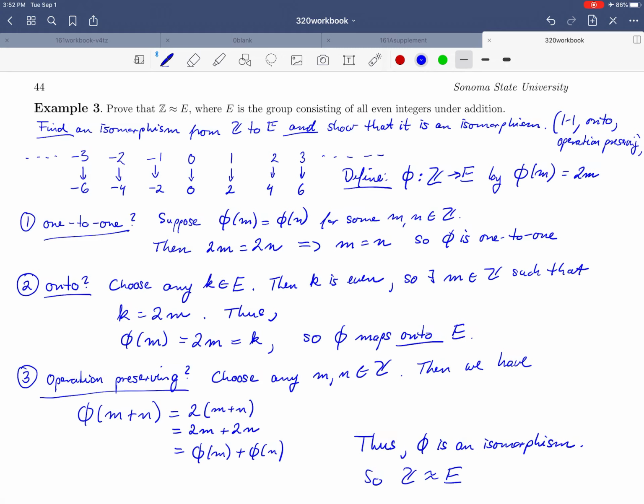Surprised? Maybe you already looked at this in real analysis too, but there you will look at the size of both of those sets and you will pretty much come up with the same conclusion, that there is not a big difference between the set of integers and the set of even integers.